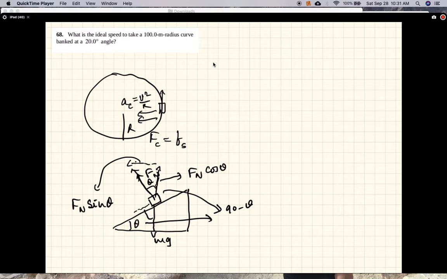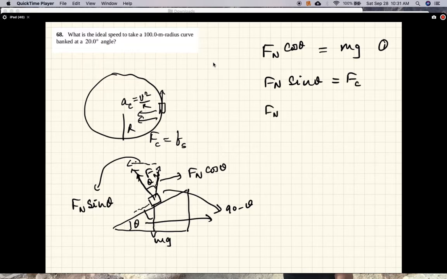What you want is Fn cosine theta, this component of the normal force balancing the weight, equal to mg, and Fn sine theta, we'll call these equations 1 and 2, is providing the centripetal force.